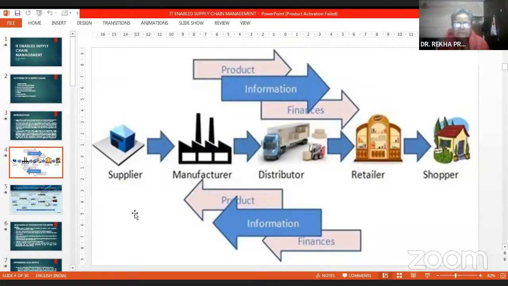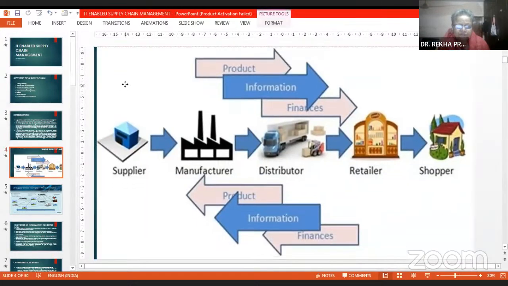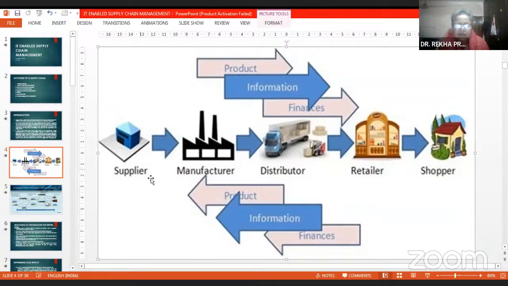See, this is a simple supply chain where it is moving from supplier to manufacturer to distributor to retailer and finally to the shopper. And there is two-way flow of all three things: product, information and finances.